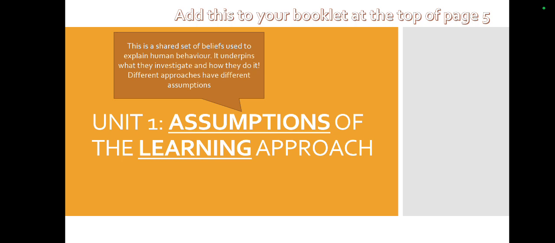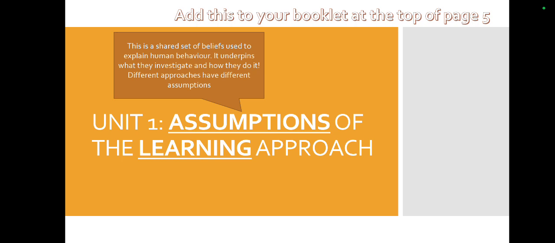Before we can do this, you really need to know what a key assumption actually is. So it would be a good idea for you to add this to the top of page 5 because it's not actually in there. When I and when your other teachers are referring to an assumption, what we mean by that is a shared set of beliefs that are used to explain human behaviour in some way. The reason why we refer to assumptions is because there are loads and loads of different approaches within psychology, and they all have different beliefs about how we best explain human behaviour.